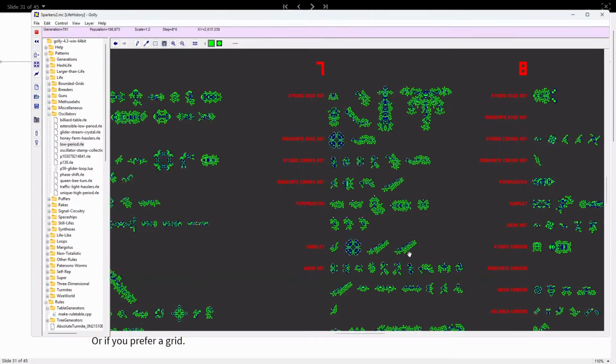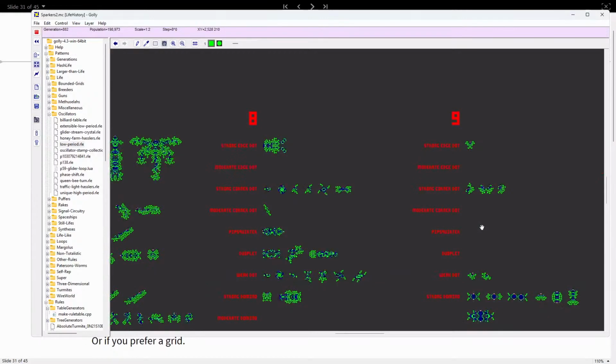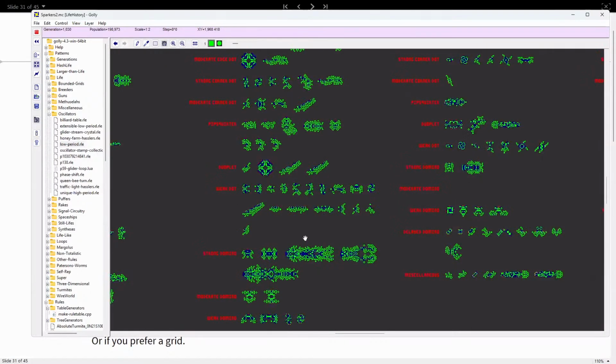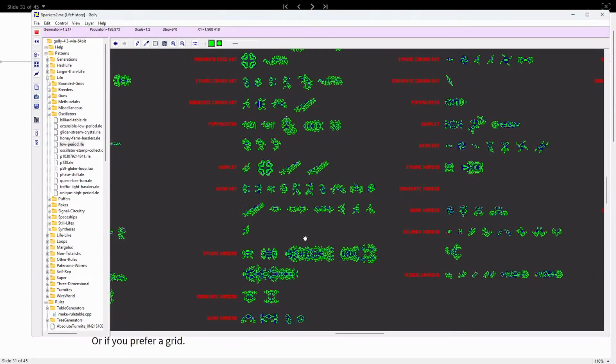So these sparkers are used as part of constructions in the game of life. There's many other oscillators that don't have anything chaotic on the outer edge, and those are somewhat useless for constructions because all of the chaos is internal, so they're basically not useful.